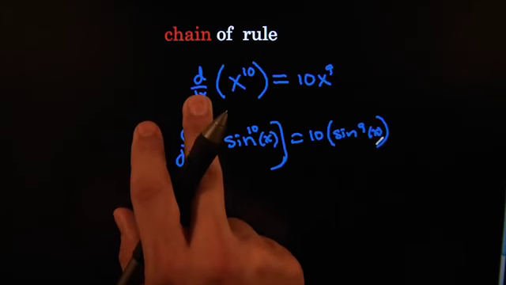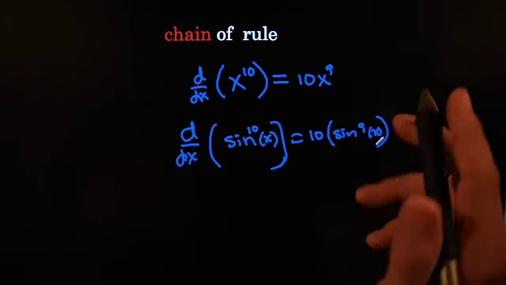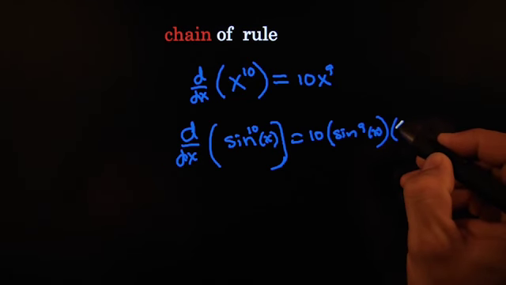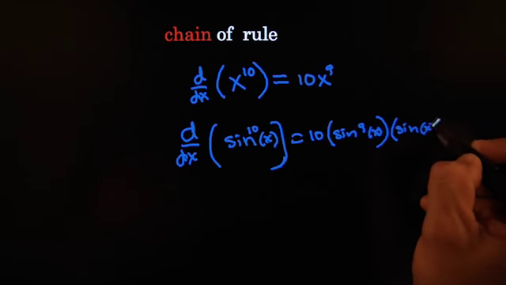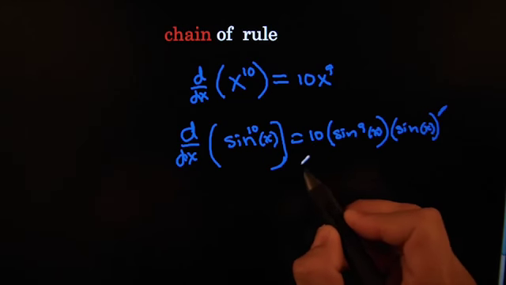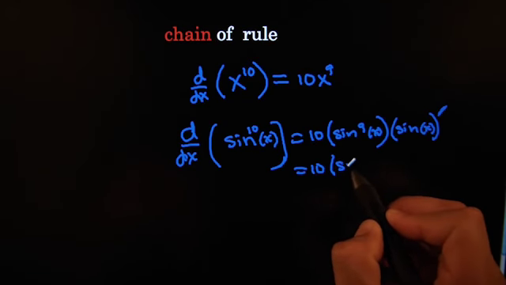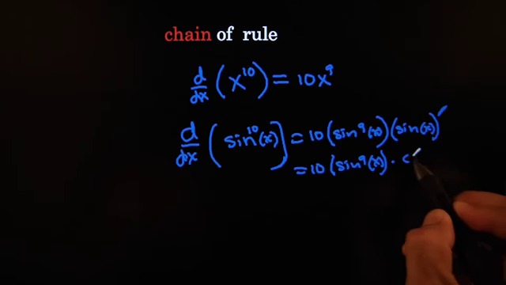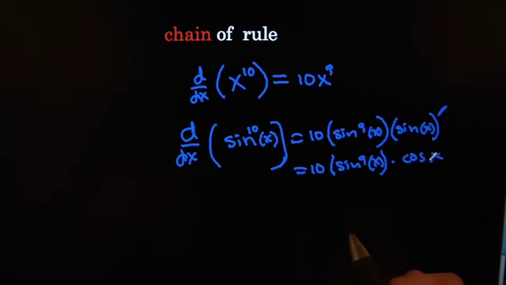You're doing the derivative with respect to x, but you're doing sine, so the chain rule says always add the stuff prime. That's what you have to add, the stuff prime. So this would be 10 times sine to the 9th of x times cosine x. And now you're done.